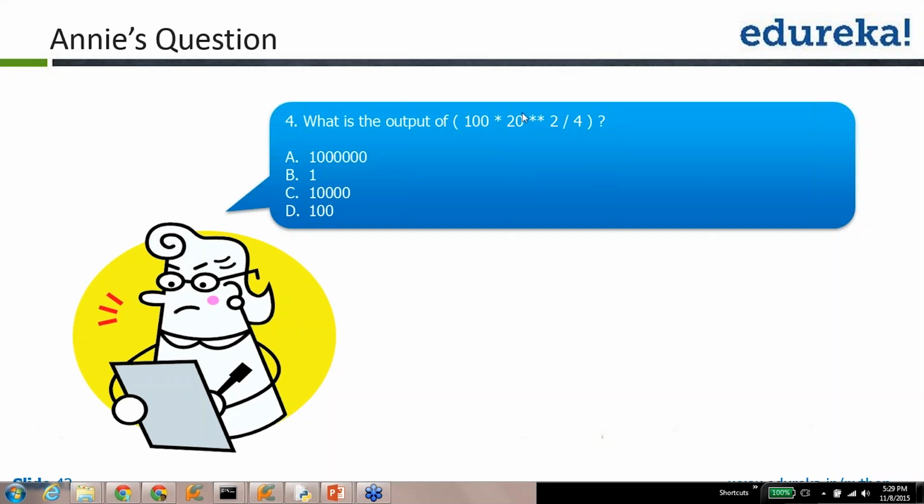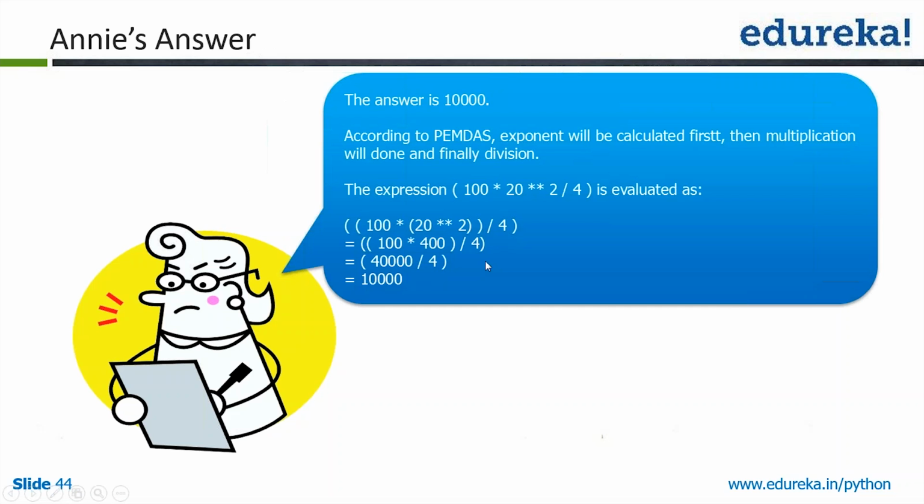So 100 into 400, that is 40,000, divided by 4 gives you 10,000 as the result. So exponent will be calculated, then multiplication, and finally division. And here is the explanation of the evaluation of this expression.